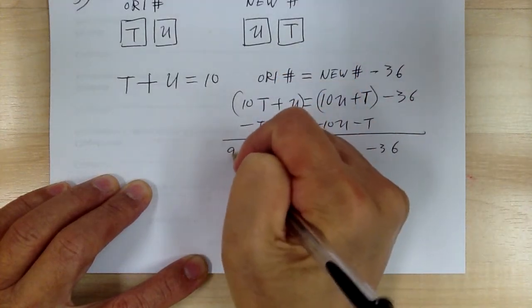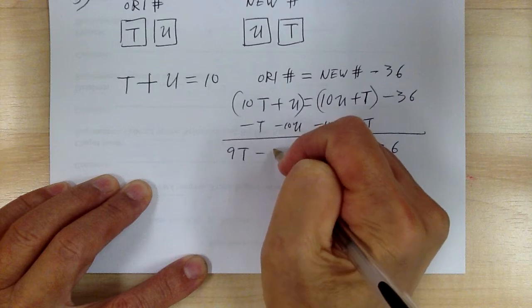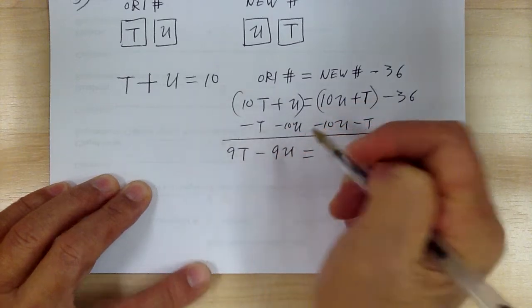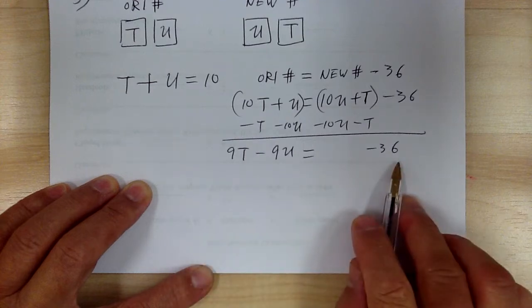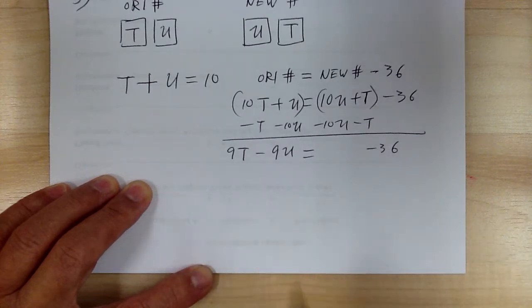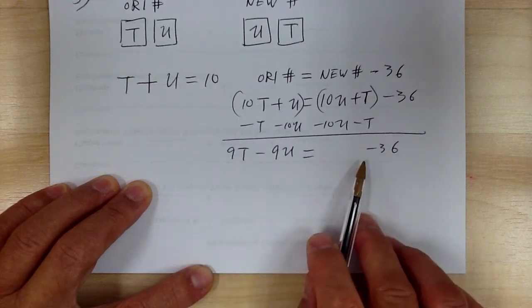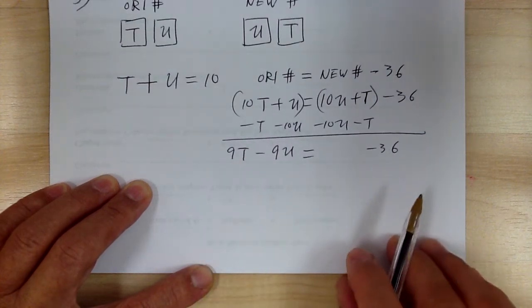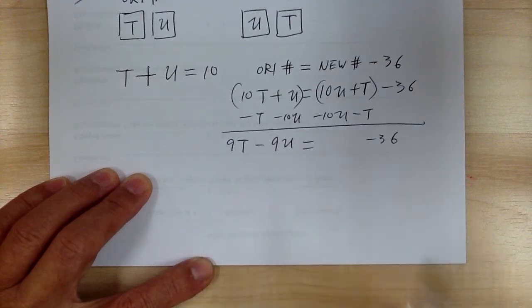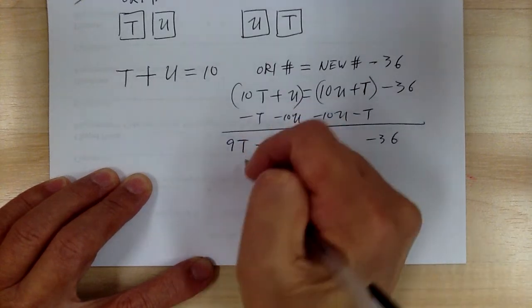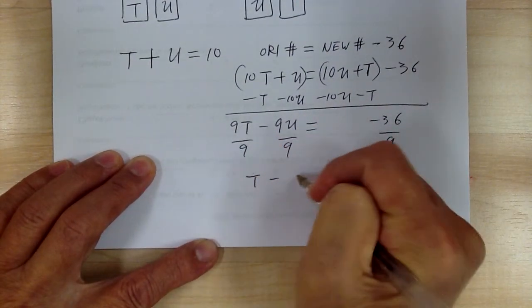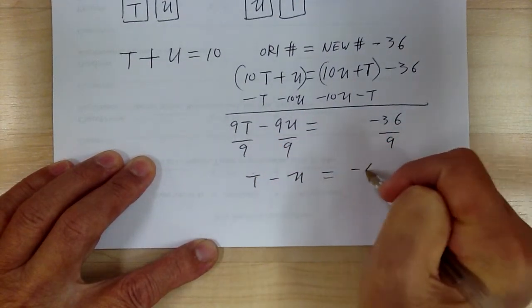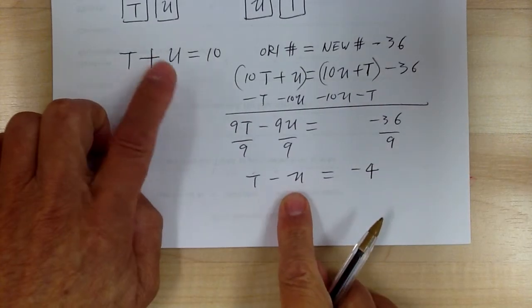So when you subtract, you're going to get 9t minus 9u equal to negative 36. Now, this is how you know you did it correctly: if you can divide to lower your number, that's a clue that you're doing it correctly. If you cannot lower your number, that's a clue that maybe you're doing something wrong. So I'm going to divide everything by 9 to make it easier to solve. So t minus u equal to negative 4.